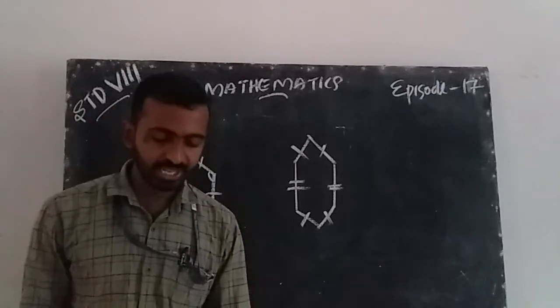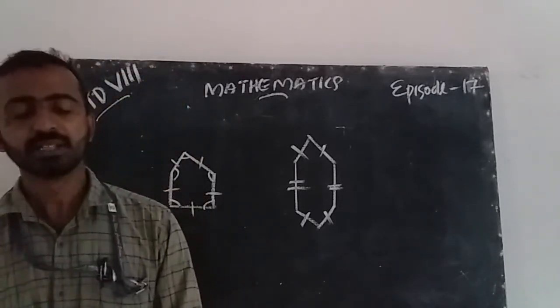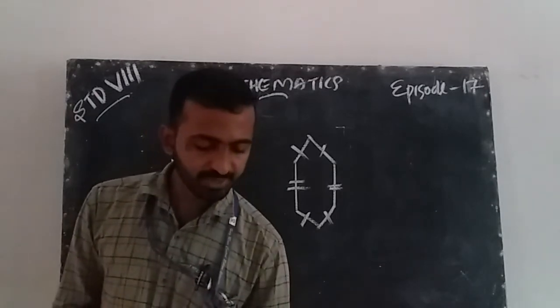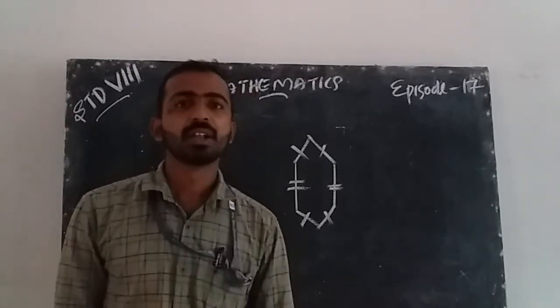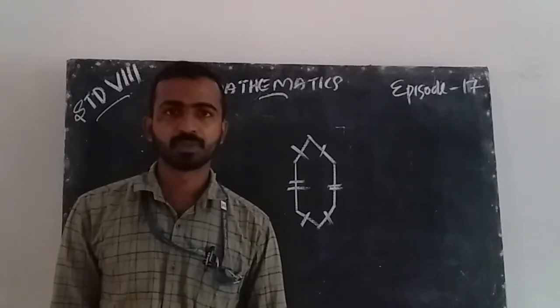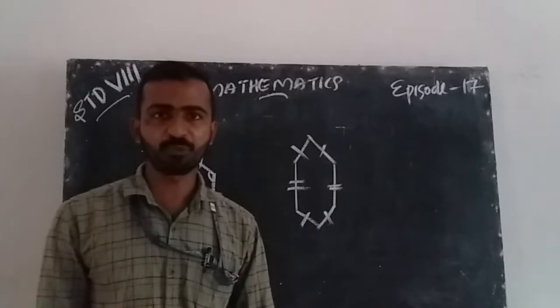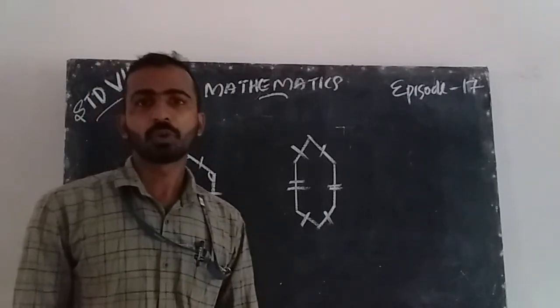That is an irregular polygon. For your notes, page 39 in your textbook explains this, so read your textbook carefully, and for any doubt contact me.